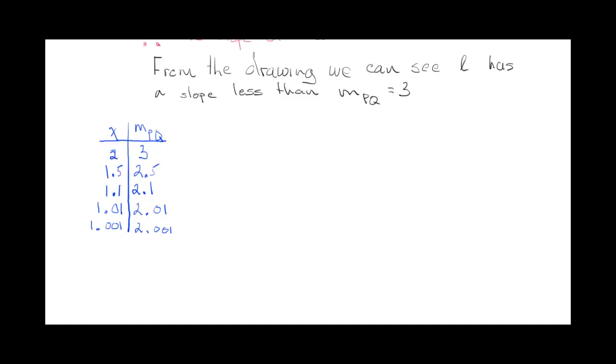So what we can say now, well, you might be able to say, okay, it looks like maybe it's about 2, right? It's getting closer and closer to 2. We don't know for sure that it's getting closer and closer to 2, but we do know that the slope of L is less than 2.001 because it had to be smaller based on the picture, right?